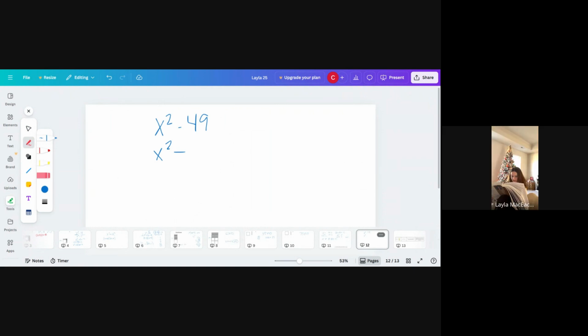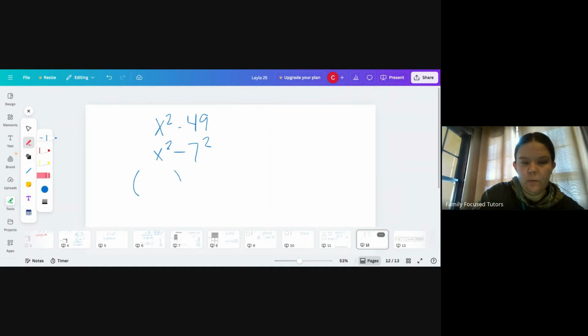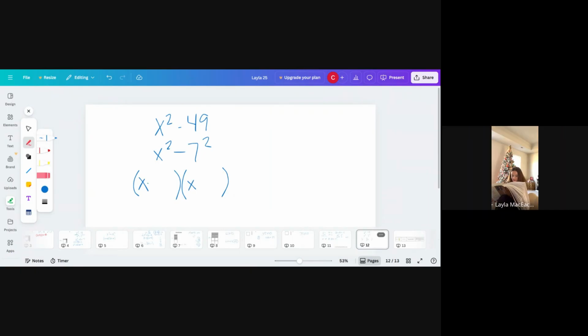That's x squared minus 7 squared. So your two factors are x minus 7 times x plus 7.